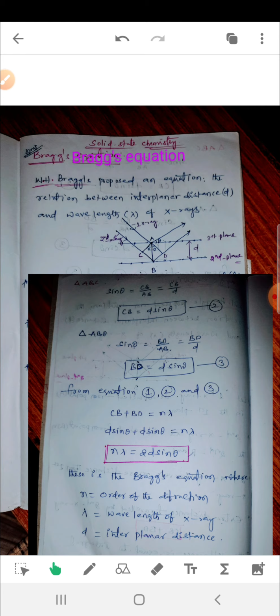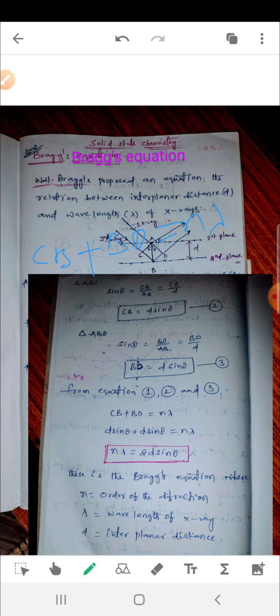The first equation we already know is CB plus BD equals n lambda. Substitute equations 2 and 3 in equation number 1. CB plus BD equals n lambda is the first equation.